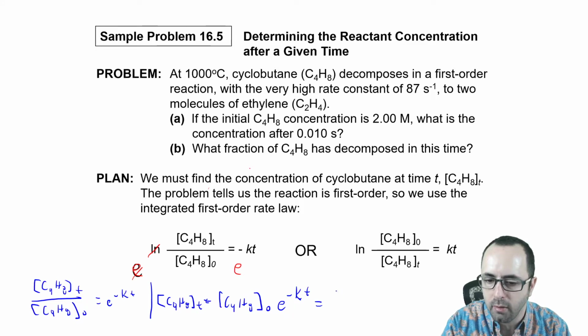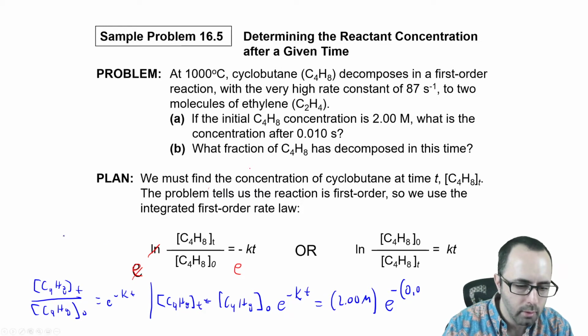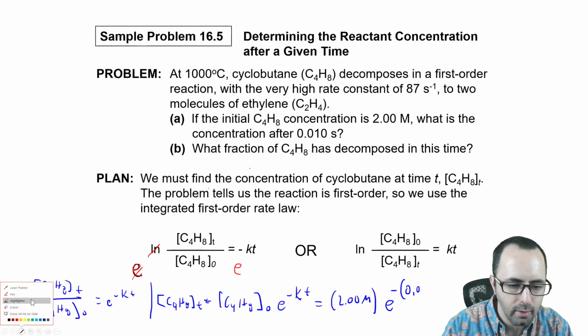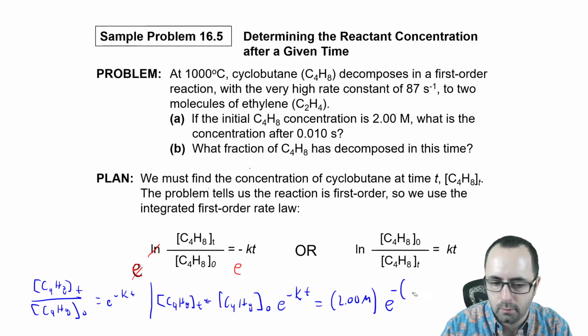So my initial concentration is 2.00 molar. And it's going to be e to the minus my k. I need an eraser here. That was my t. So my k was given right here, 87 seconds to the -1 power, which is 1 over seconds.